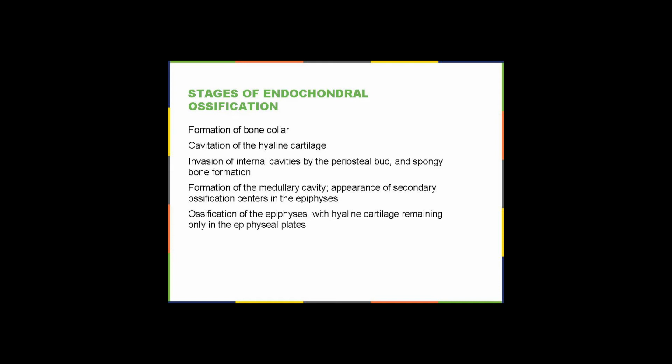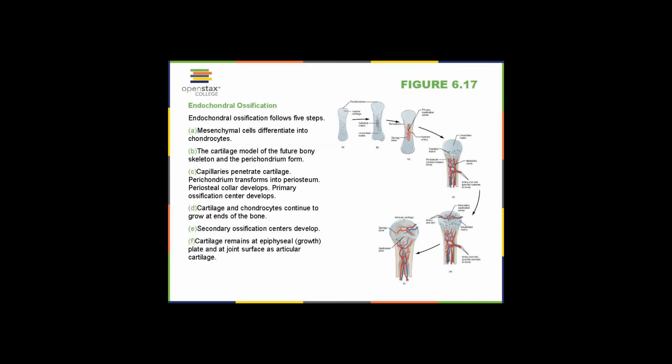So we get cavitation and we get bone laid down in there. So that's going to end up being spongy bone. Here's our periosteal bud, that's the blood supply going in. It continues to develop here. At this stage, we now have our secondary ossification centers.